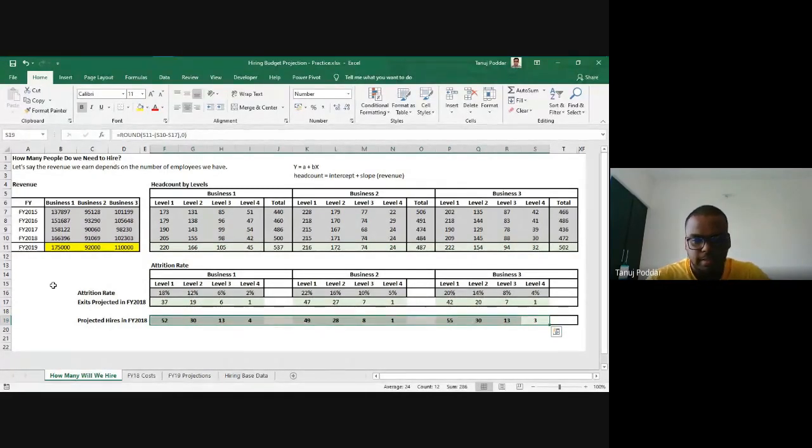So in FY19, when I'm going to hire these many people, how much cost will I incur? For this, I will head back to FY18 and see what the cost really looks like. To understand the FY18 cost, I need some base information about FY18 hiring.